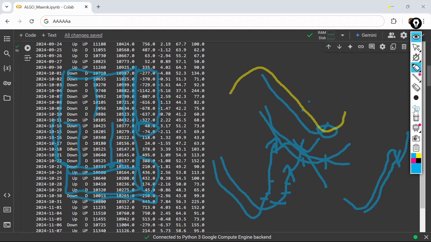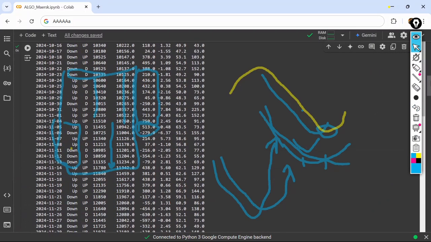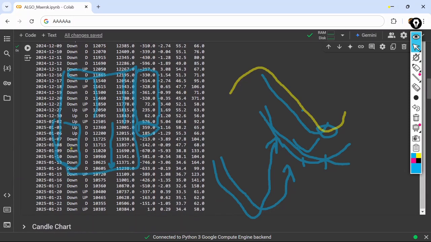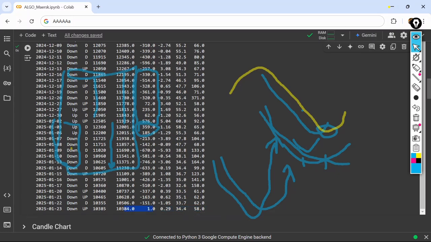We can apply this strategy to the latest signal from the same stock here. You can see on January 23 we have down, down, down, down, down, and here it is suddenly in the plus.